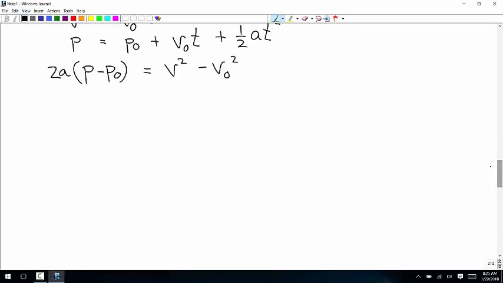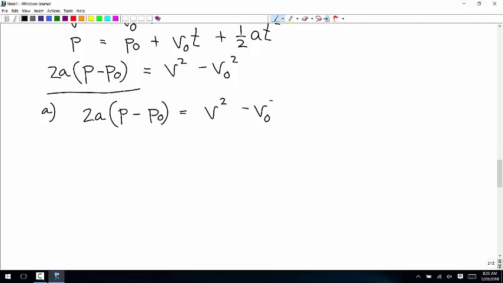So for this one, the first thing we want to calculate is the acceleration. We know that when it reaches the highest point, its velocity is going to be equal to 0. And so we can use the expression 2A times, I'm just going to write the equation first, quantity P minus P0 is equal to V squared minus V0 squared.